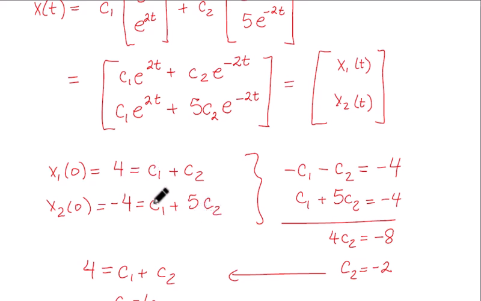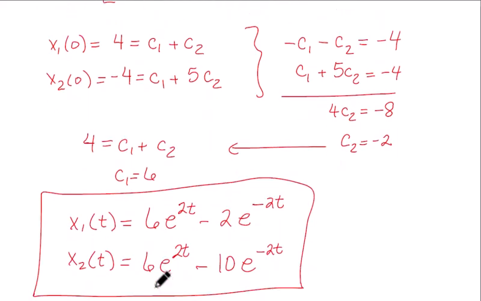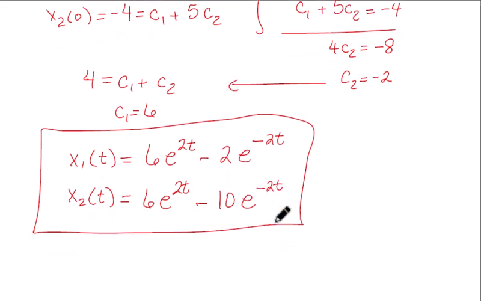So I've got a system of two equations and two unknowns. I see I can simply multiply by a negative 1 and the C1s would cancel. I get 4 C2 is minus 8 and I get C2 is minus 2. Plug that into the top one and I get C1 is 6. And so my basic answer looks like that.